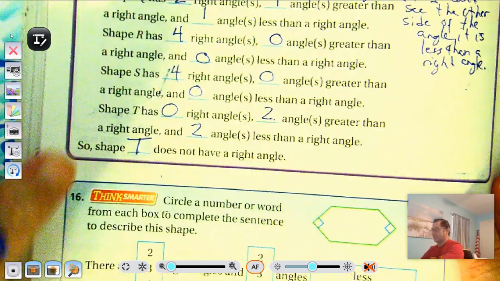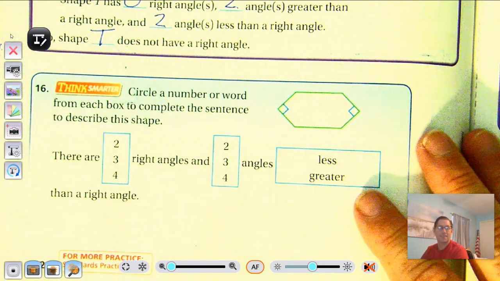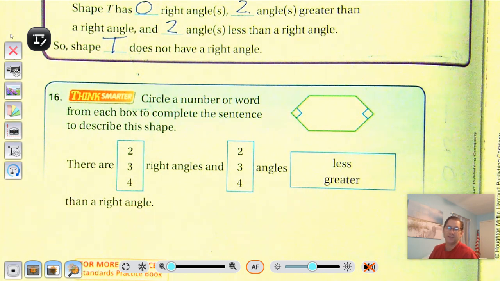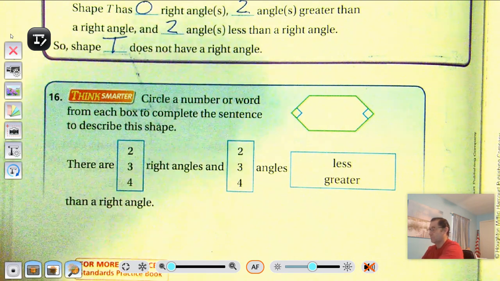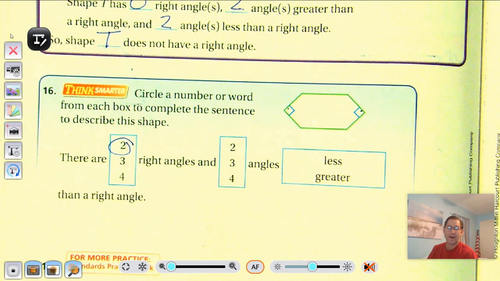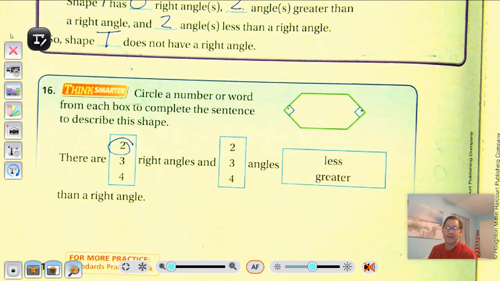All right, and number 16. Circle a number or word from each box to complete the sentence to describe this shape. There are blank right angles. Well, 1, 2. There are 2 right angles. And how many angles less than or greater than a right angle?